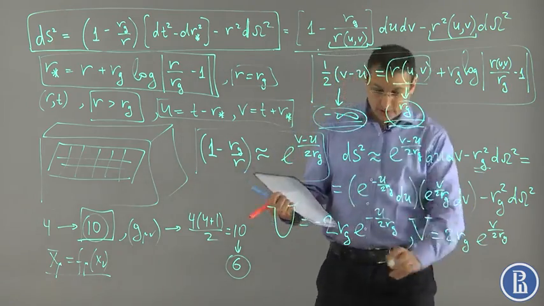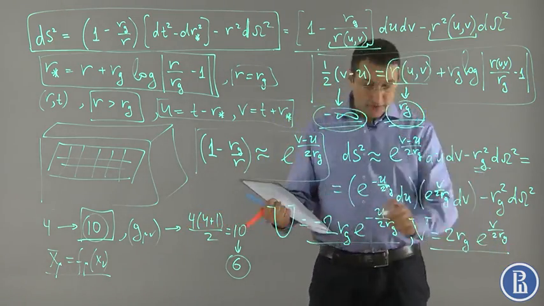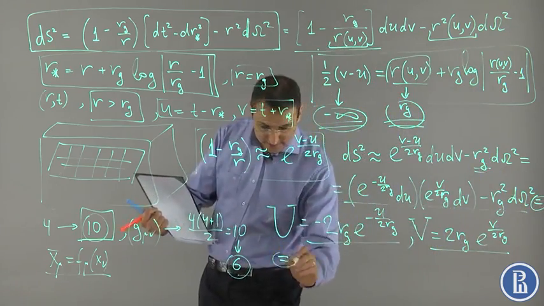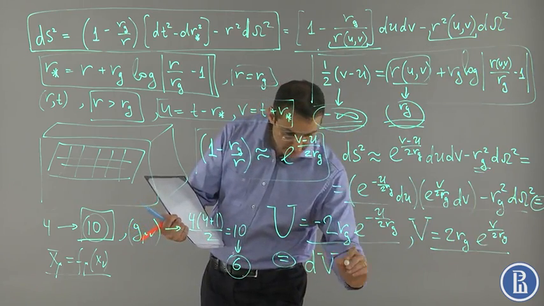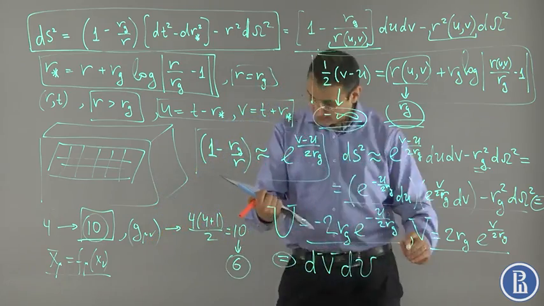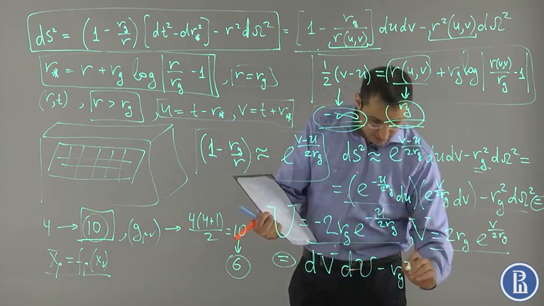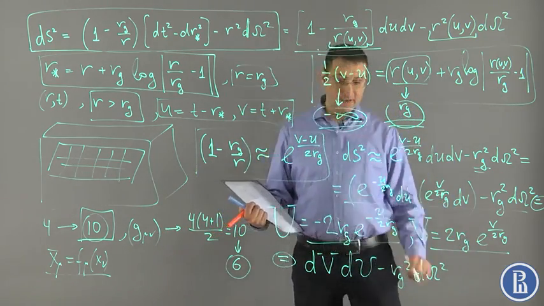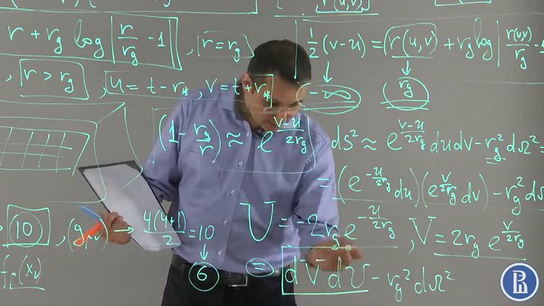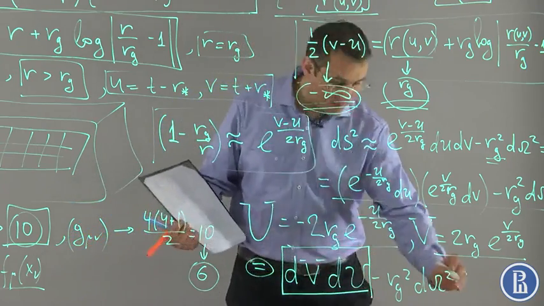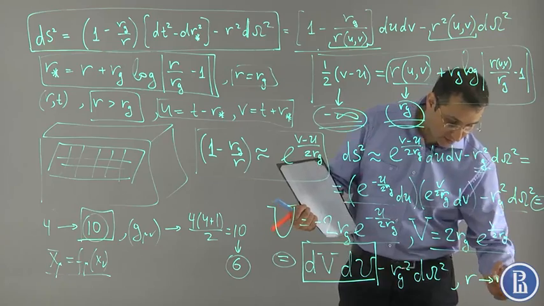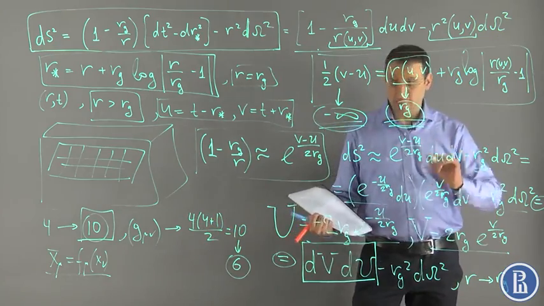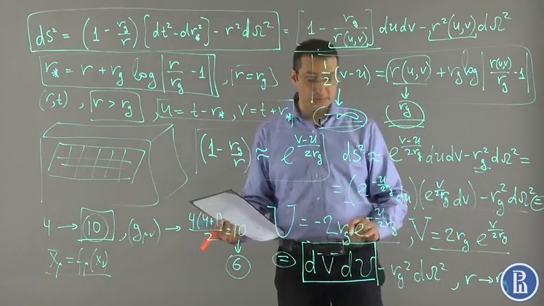So using these coordinates, this metric can be represented as follows: dV dU minus rg squared d omega squared. So amazingly enough, in these new coordinates, this part becomes flat in the vicinity of the point r goes to rg, and not singular. And that is the goal of the transformations that we have been making.